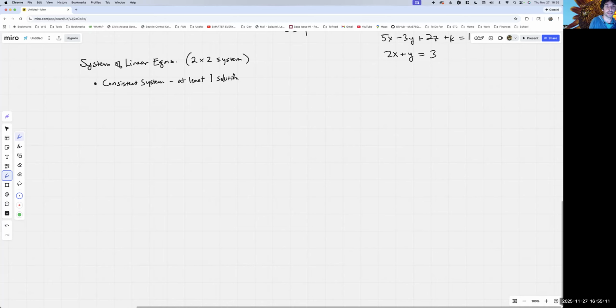Oops, forgot an L in there. We have an independent system where we have exactly one solution, and an inconsistent system, which has no solutions.